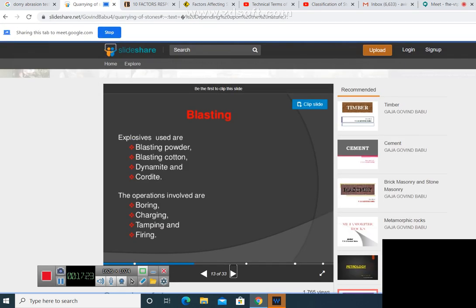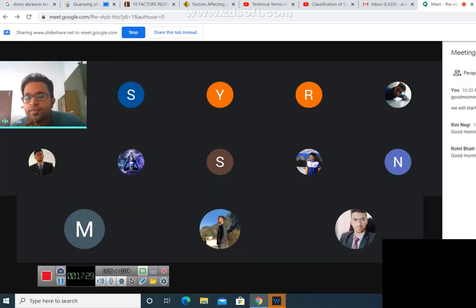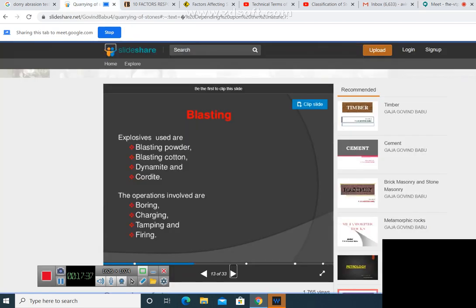Blasting means you will be using explosives. You might have seen the use of explosives for quarrying. So blasting operation is done using different explosives. The explosives used for blasting are blasting powder, blasting cotton, dynamite, and cordite.